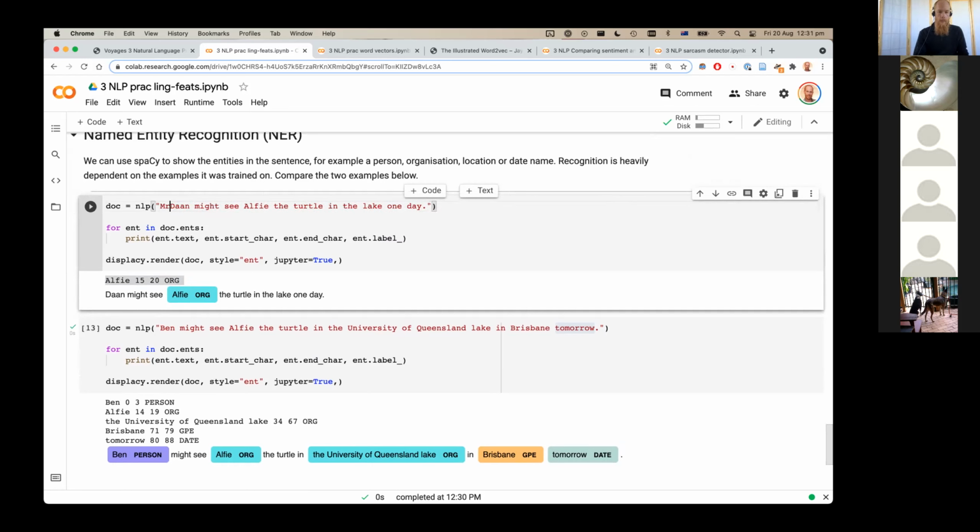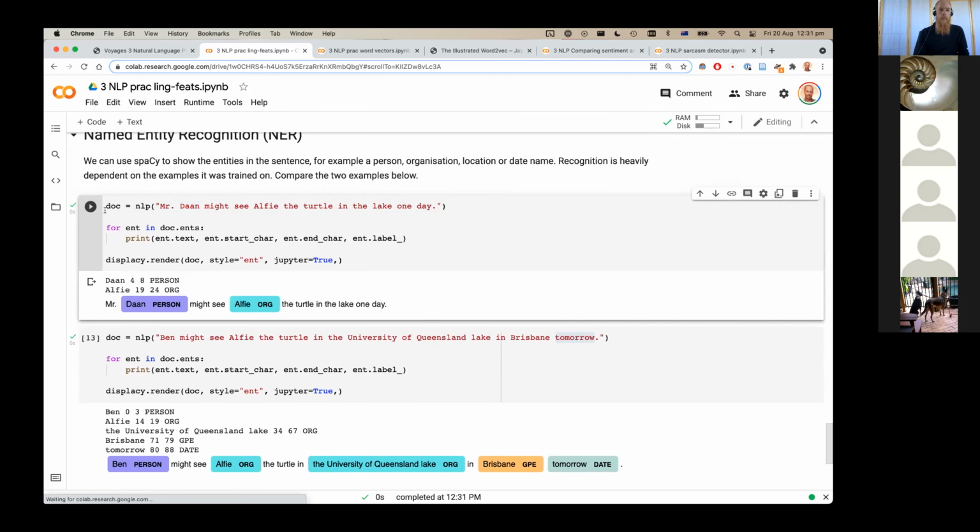But I noticed something interesting, that if I prefix that with Mr. Dan, we might be able to encourage the recognition of that as a person's name. So that can be quite handy as well. So depending on the structure of the sentence, we'll get different results.